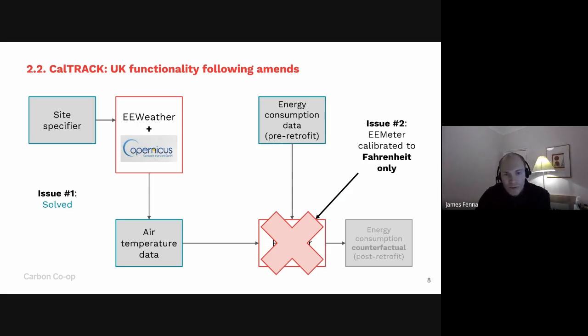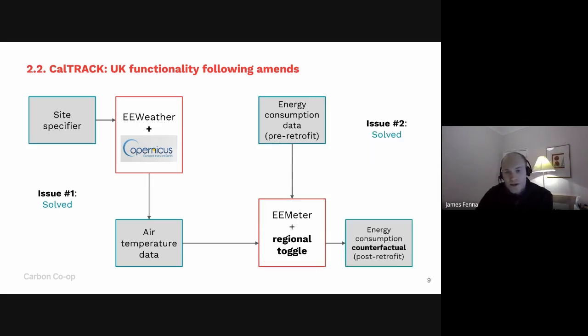Essentially, with OpenEEweather, we've built in an API through to the Copernicus program, which is a European Union satellite reanalysis weather data program. It's slightly different to the way OpenEEweather already works, because it calls temperature data from the NOAA database. But we opted for the Copernicus database for a couple of reasons, which I'll go through in just a second.